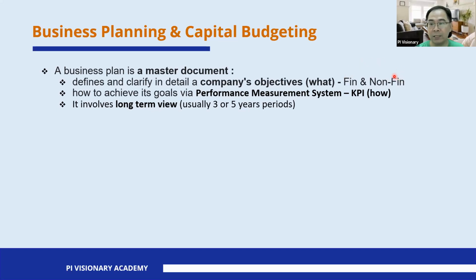Non-financial objective. Example, customer response time. Sales response time. So Kuan Yin, you are the sales director. Your customer from police contact you, ask you to send a quotation. You take 3 weeks to send a quotation.